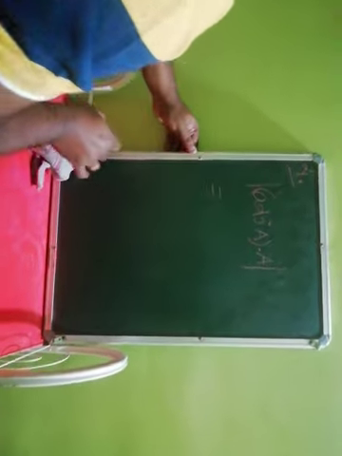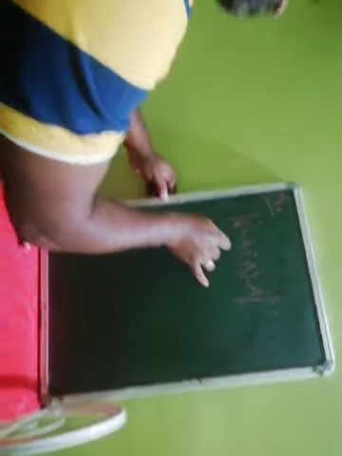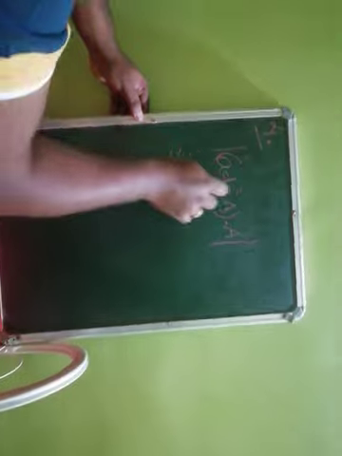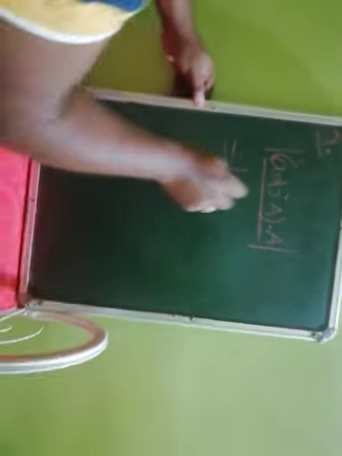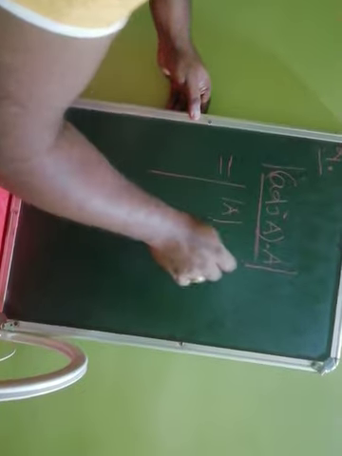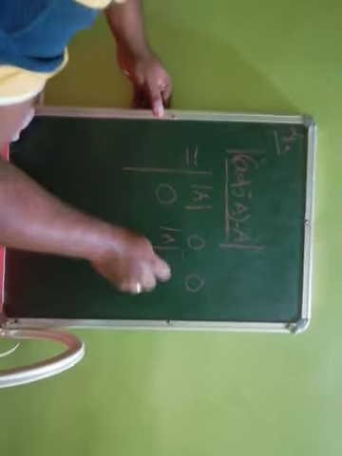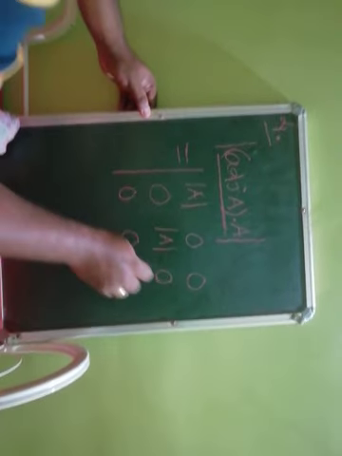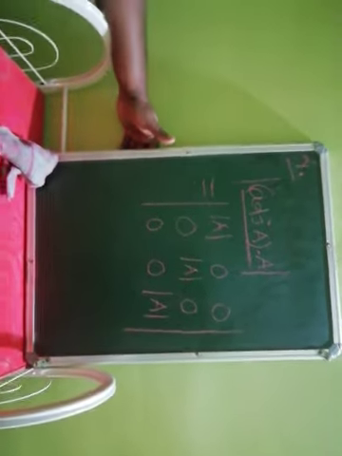We have to find out the determinant of adjoint of A into A. You can recall adjoint of A into A was the matrix with determinant of A on the diagonal and 0 elsewhere. I have done this previously.